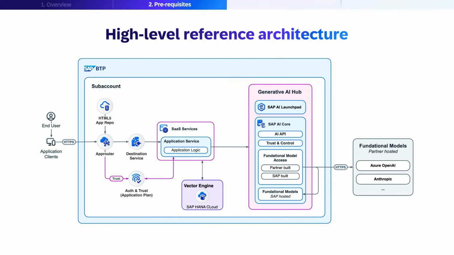In this scenario, the BTP application also accesses the vector engine of SAP HANA Cloud, which acts as an embedding store and provides database capabilities for indexing and performing similarity searches. This architecture ensures secure, controlled, and efficient access to AI capabilities while maintaining integration with the broader SAP ecosystem.